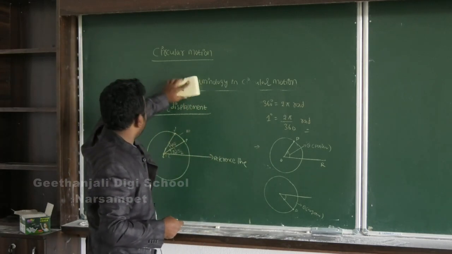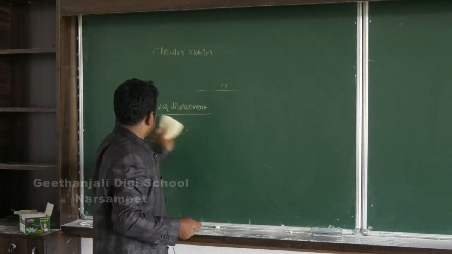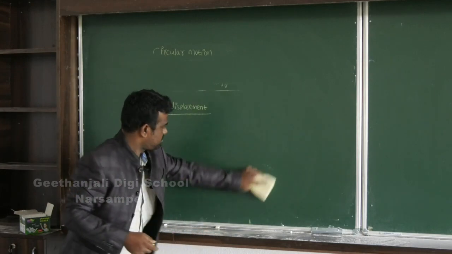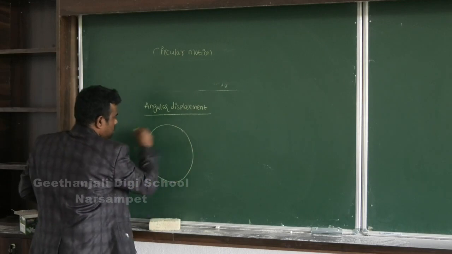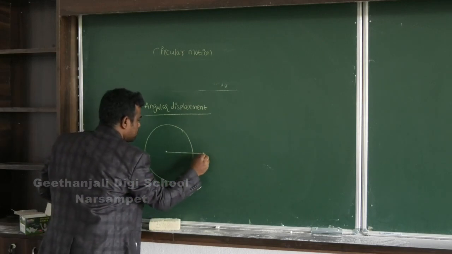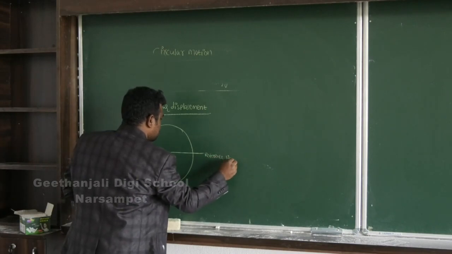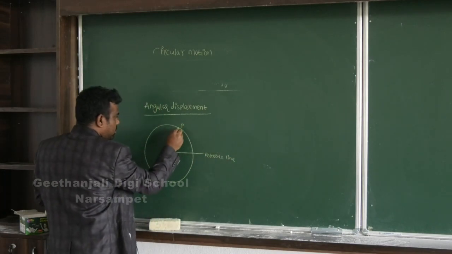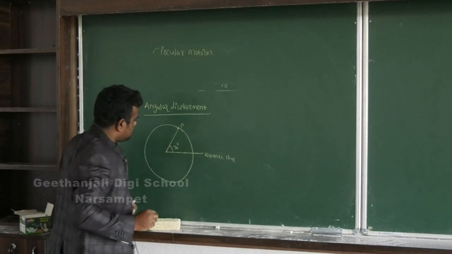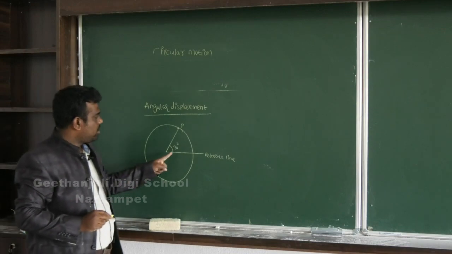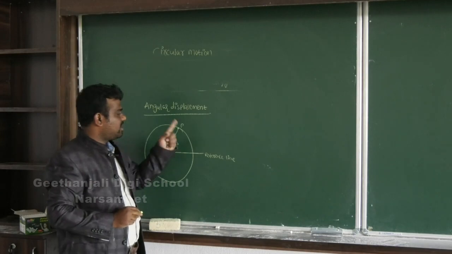Now let us go through one example. This is the position of the particle. This angle is 30 degree. Generally, we have to convert this into radians, because generally we measure in radians.